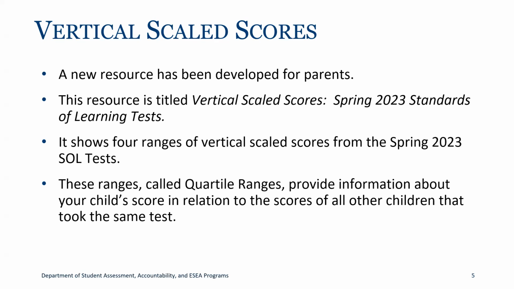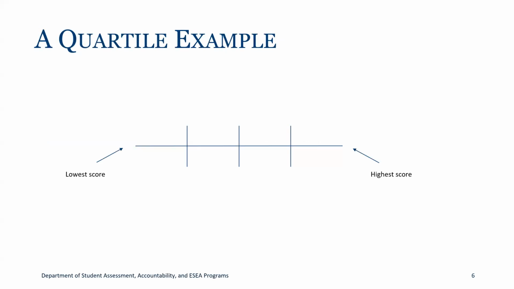It shows 4 ranges of vertical scaled scores from the Spring 2023 SOL test. These score ranges are called quartile ranges. They provide information about your child's score in relation to the scores of all other children that took the same test. Let's look at an example to show what we mean by quartile and quartile ranges.